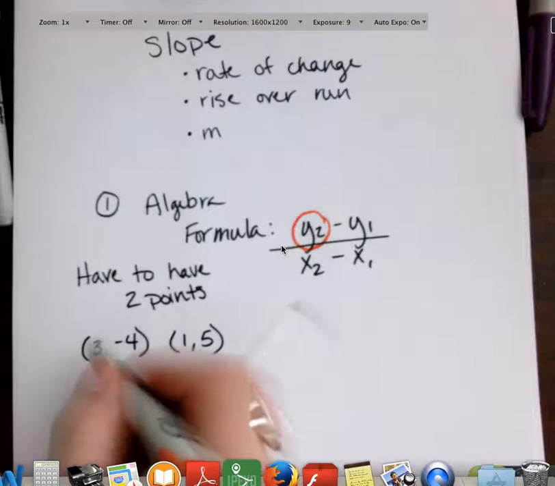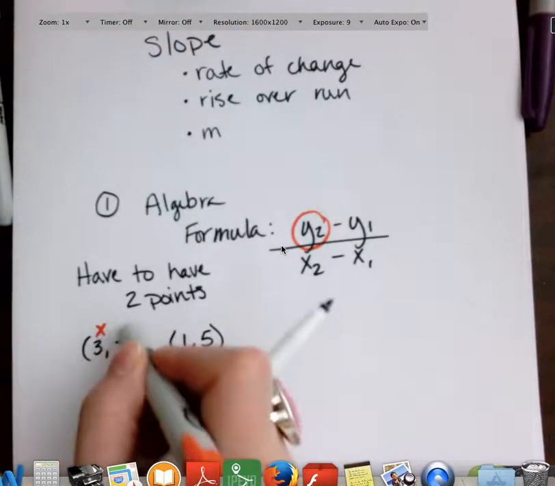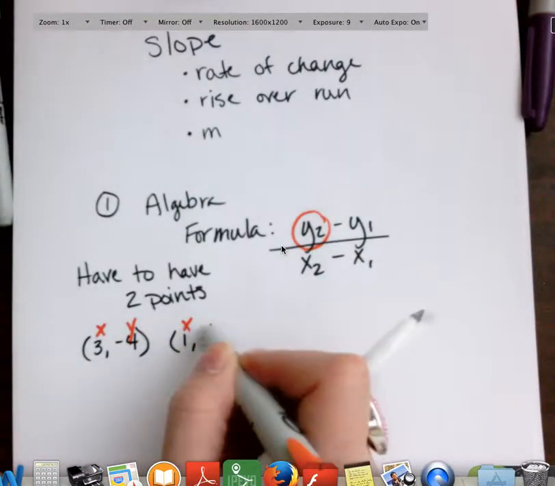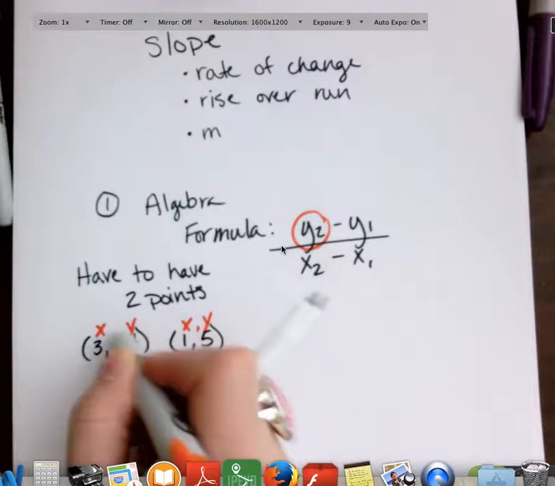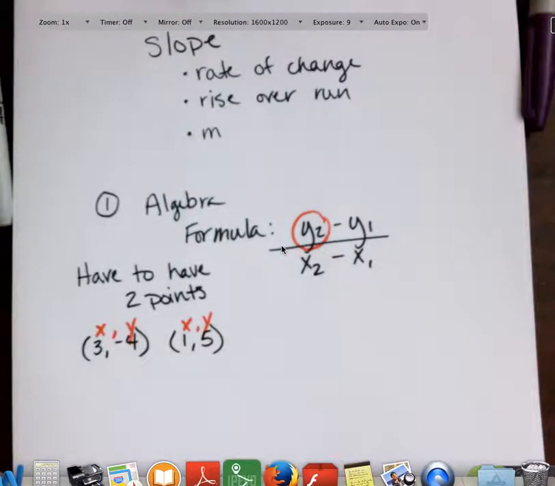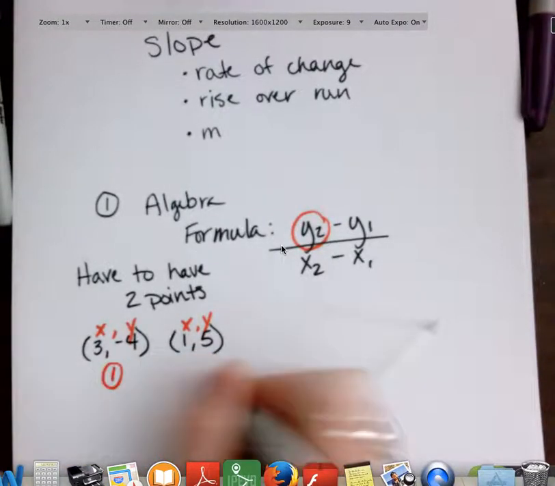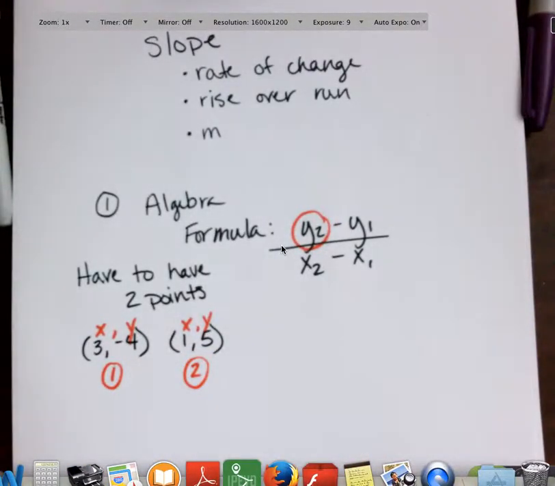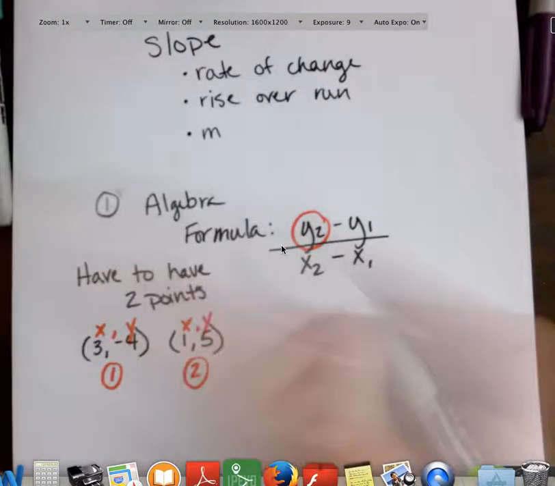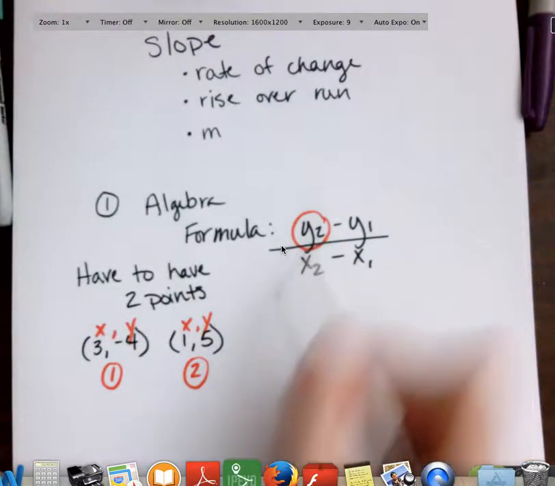Well, in every ordered pair, remember, we have an x and a y value. The first one's always the x and the second one is the y value, right? So I just need to pick which point is going to be point 1 and which point is going to be point 2. And it doesn't matter which you pick as long as you're consistent. So I'm going to say that this is going to be my first point and this is going to be my second point. Okay? So my y2 value is 5.